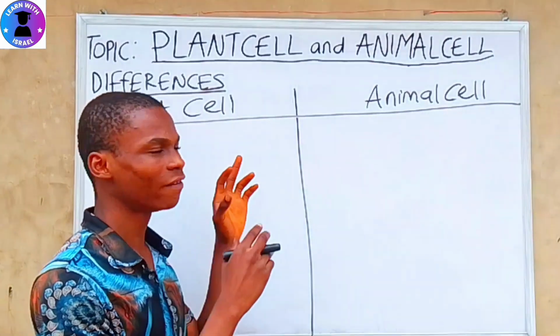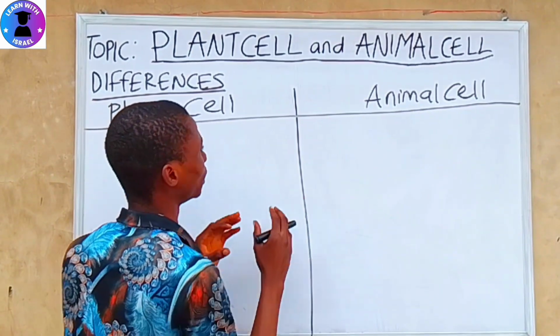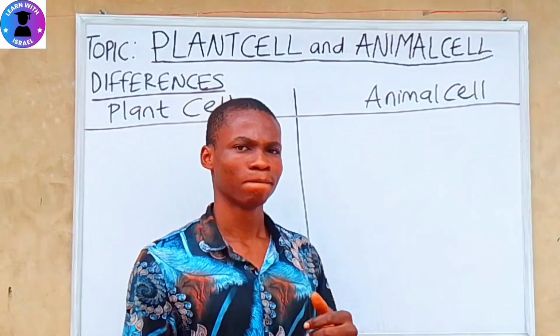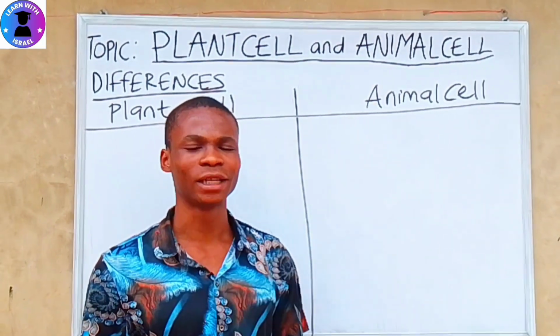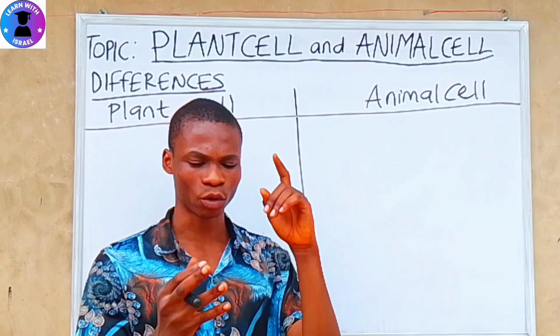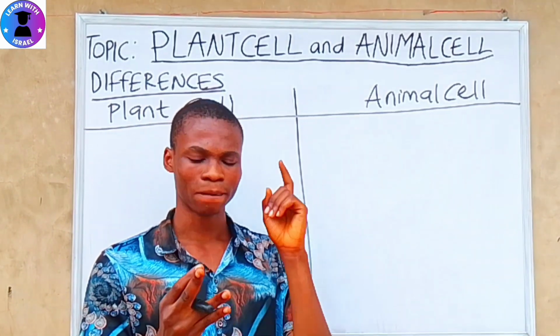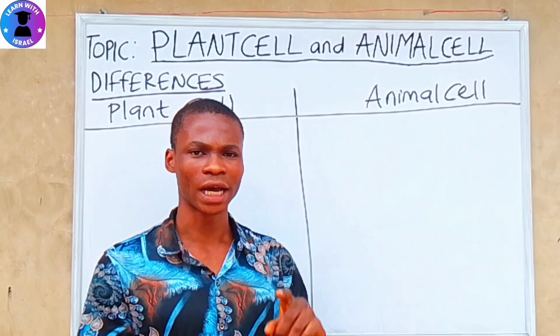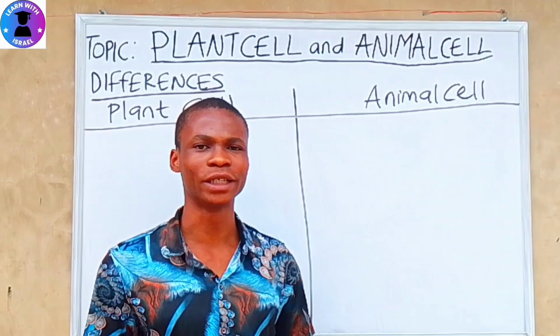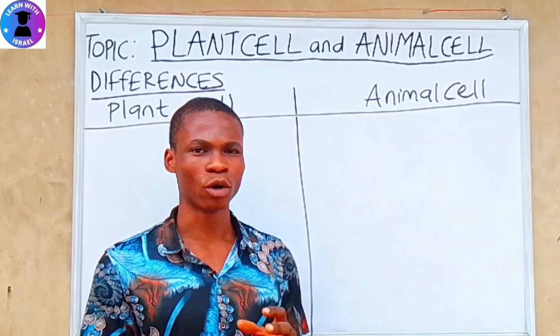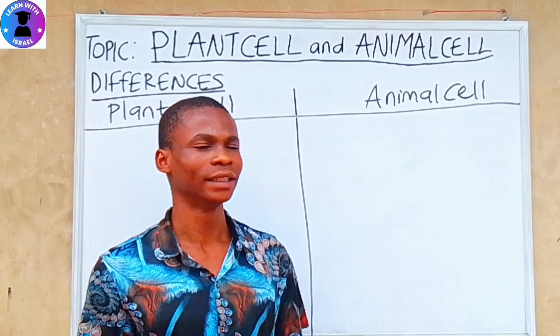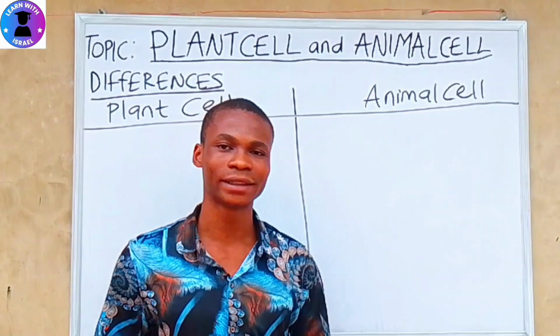So now we'll be diving into the differences between plant cell and animal cell. Earlier we talked about the similarities, when I mentioned that cytoplasm, nucleus, mitochondria, ribosome, and cell membrane are in both animal and plant cell.